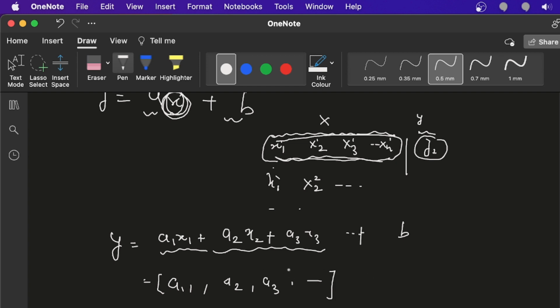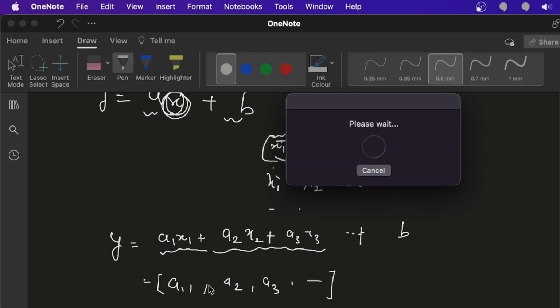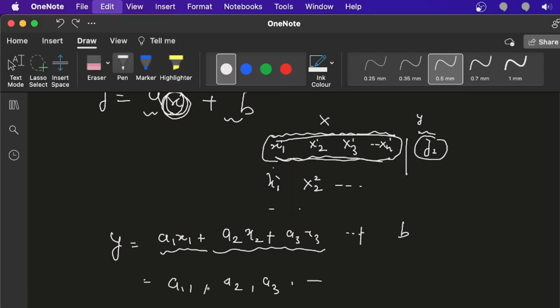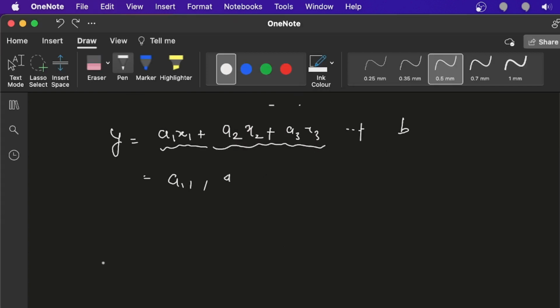Just one second, I will explain everything. Please cooperate. So a is nothing but a vector. I will explain vector and scalar later.